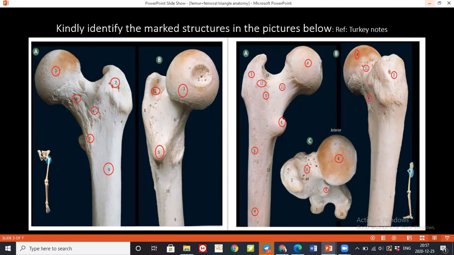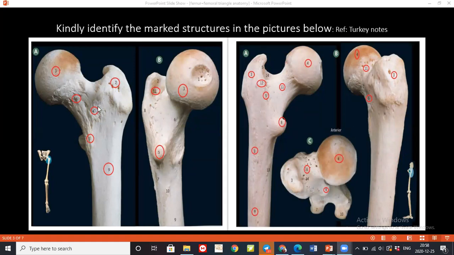Okay, number 2 here, can you identify what that is? It's the greater trochanter. Okay, and number 4 here? Number 4 is the intertrochanteric groove, I think. What is the importance of it?